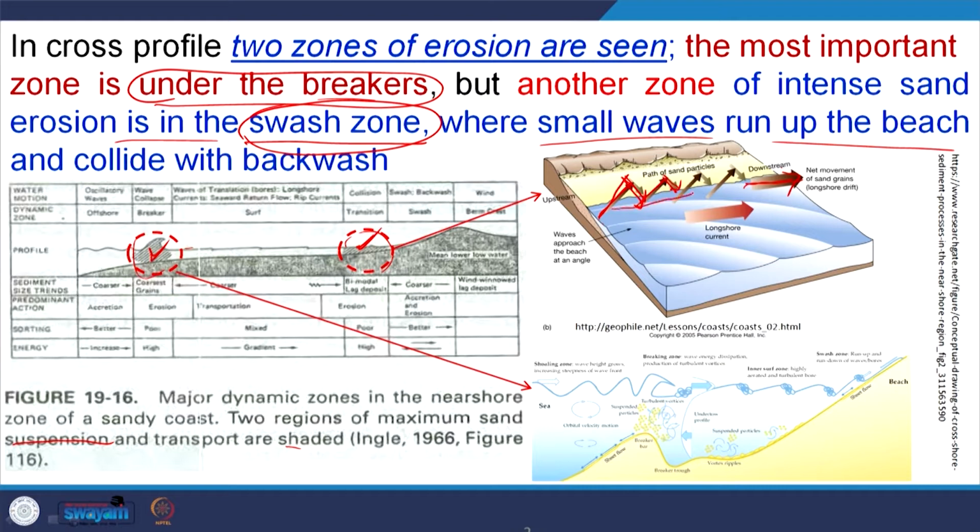So the net movement is along the coast, due to the littoral current.